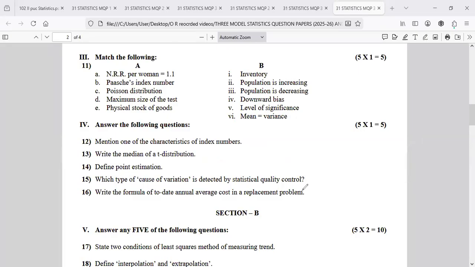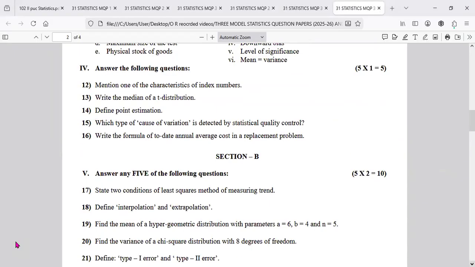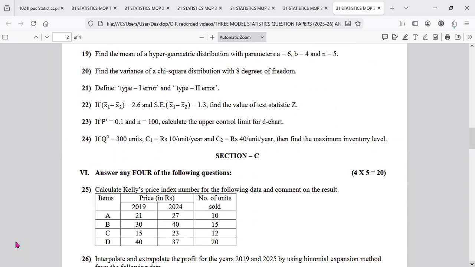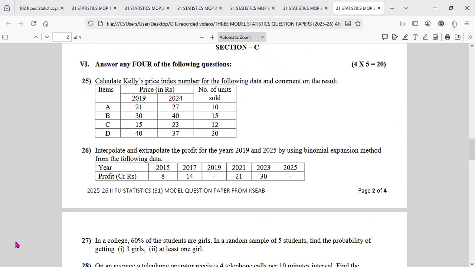Now what I'll do, we'll go for just the 5 mark questions. Same question paper. So another 5 minutes is there. Okay, let's see. Everybody knows the 5 mark questions: the 25th is an index number and the 26th is interpolation and extrapolation.